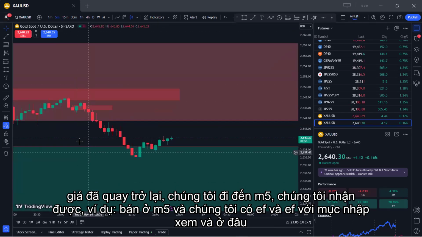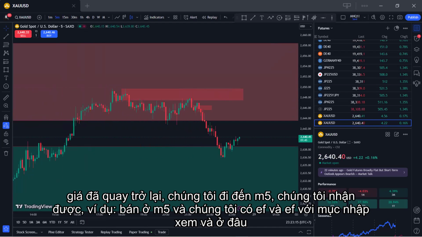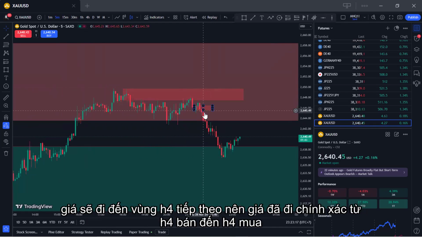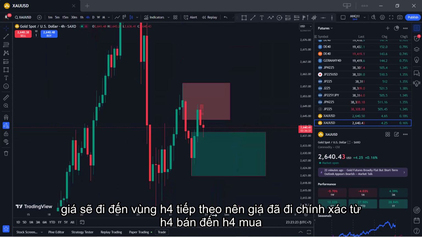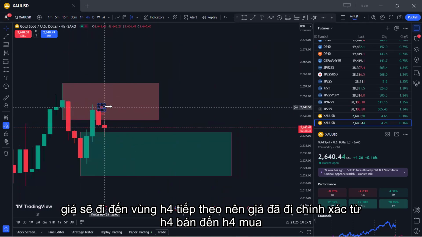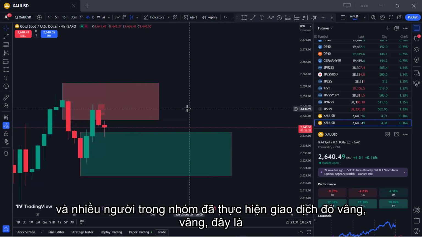We go to M5, we get an EG sell in M5, and we got an entry. And where will the price go? Until the next H4 zone. So the price went exactly from H4 sell to H4 buy, and many of you in the group did take that trade.